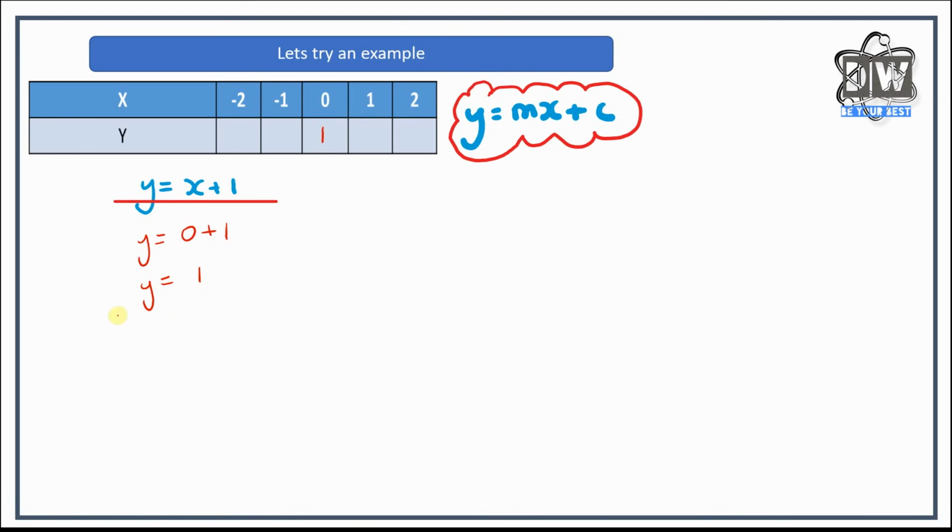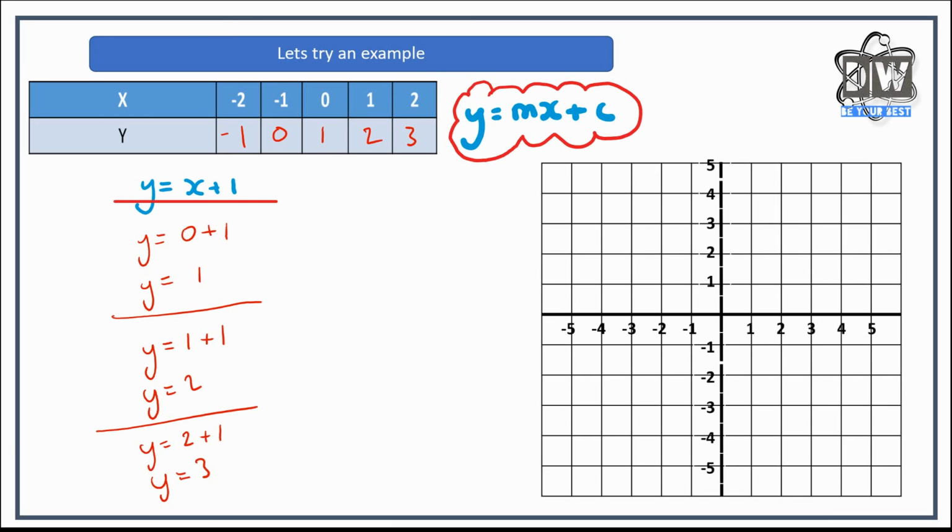The next one would be y equals 1 plus 1, so y equals 2. And then the next one, we've got y equals 2 plus 1 and y equals 3. So we can see it's going up by 1 each time. So if we go down by 1, we're going to end up with that.